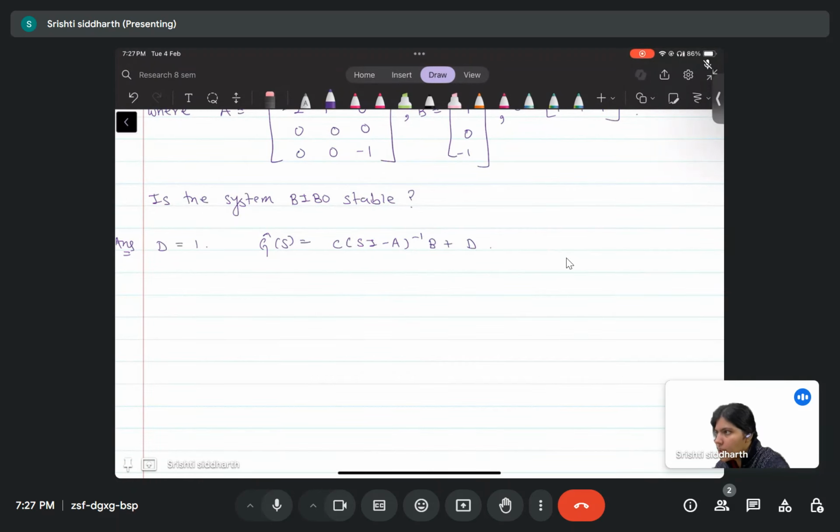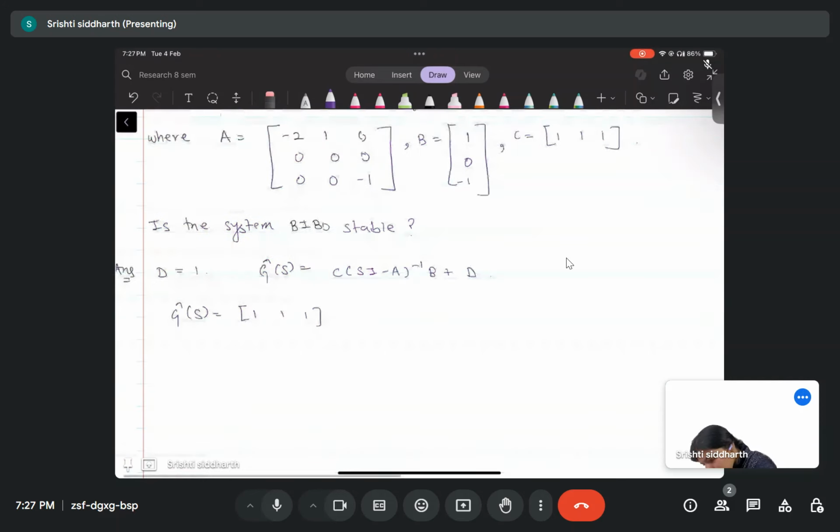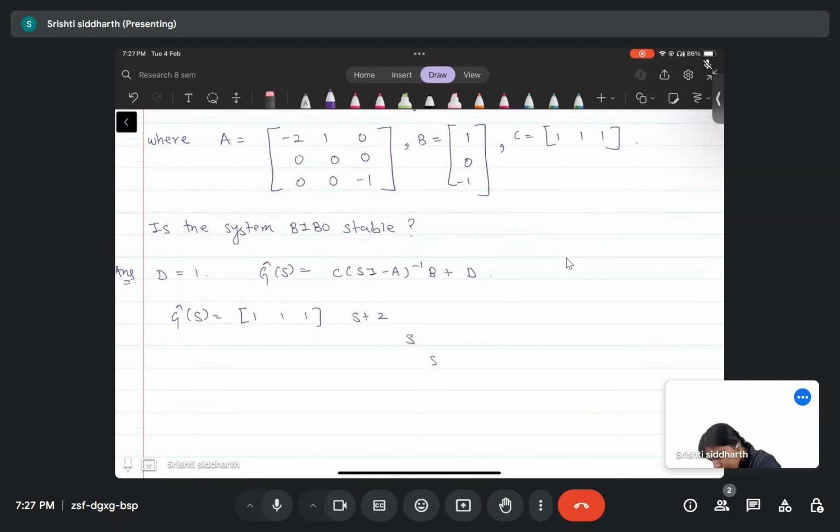Just going to write down what (sI minus A) inverse is. So we have the matrix s plus 2, minus 1, 0, 0, s, 0, 0, 0, s plus 1, and we have 1 0 minus 1. So let's see how to compute the inverse of this 3 by 3 matrix.